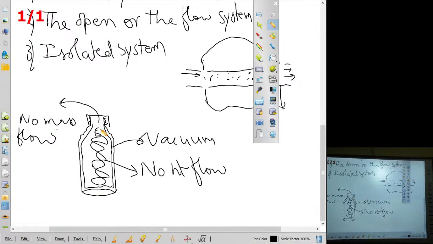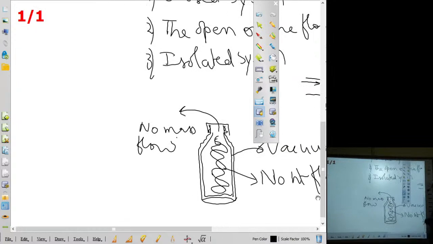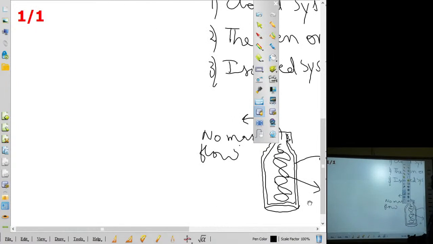Alright. So proceeding further, when we were talking about the different systems, we were also talking about the energy transfer. Flow system, both energy and mass transfer. Closed system, only energy transfer, no mass transfer and so on.